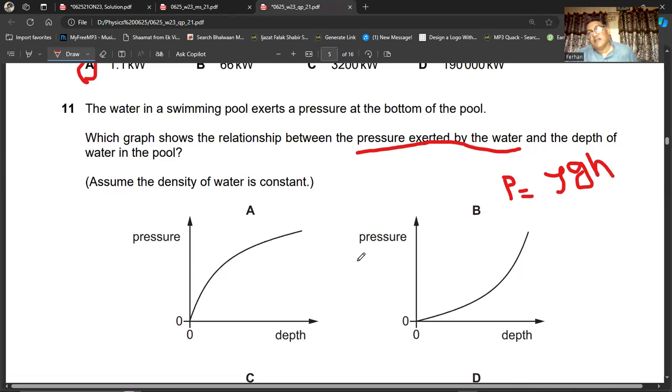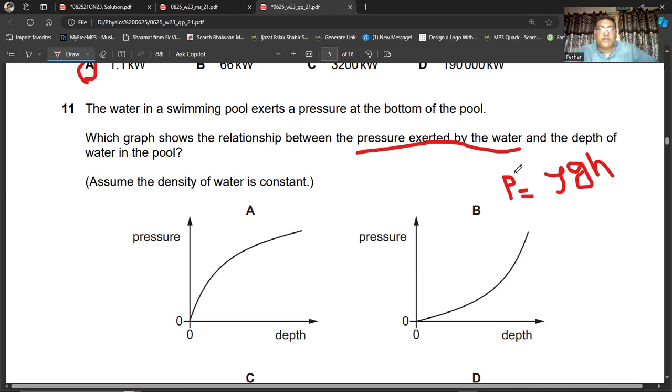So it is directly proportional to the h, which is the depth of the liquid above the point of observation. More the depth of the liquid above the point of observation, the more will be the pressure due to that liquid. So if the depth of the liquid becomes zero, the pressure will also become zero.